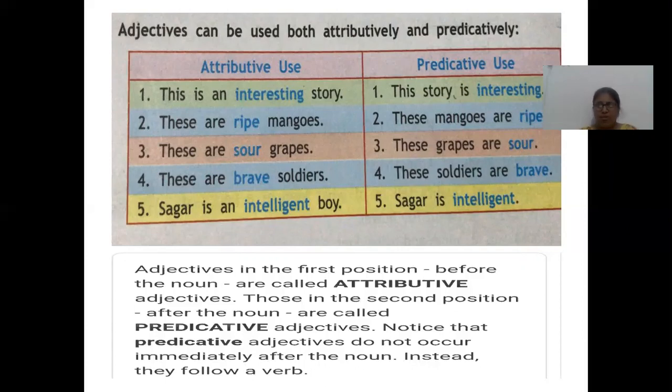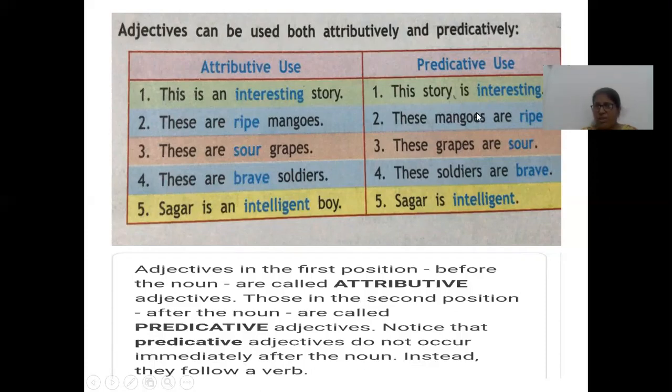For example, if we see sentences in attributive use, you can see that they are placed before nouns like interesting story, ripe mangoes, intelligent boy, and so on. But in the predicative use, you can see the noun is placed before, like the story, then mangoes, then grapes, soldier, and Sagar.